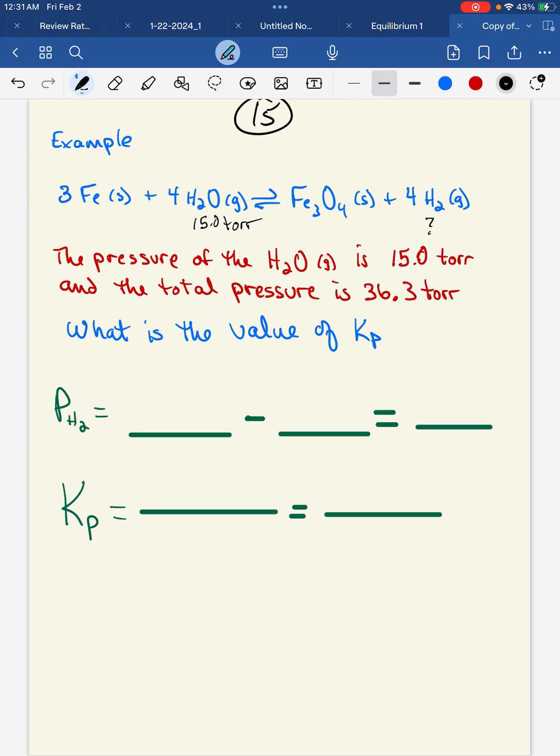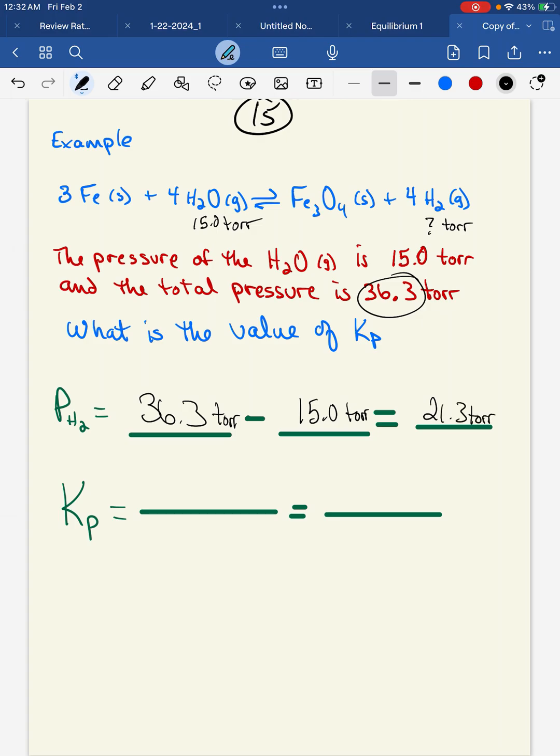We don't know what this pressure is, but we know the total, so we can use the total and subtract off what we do know, the 15, and then it'll give us 21.3.